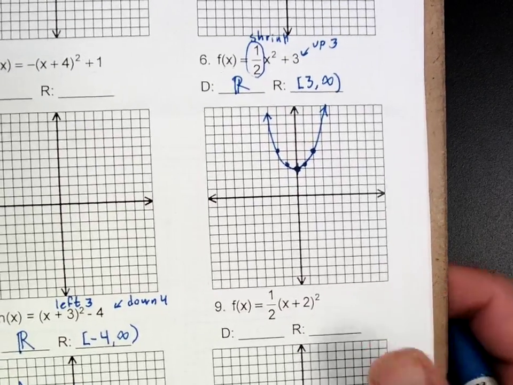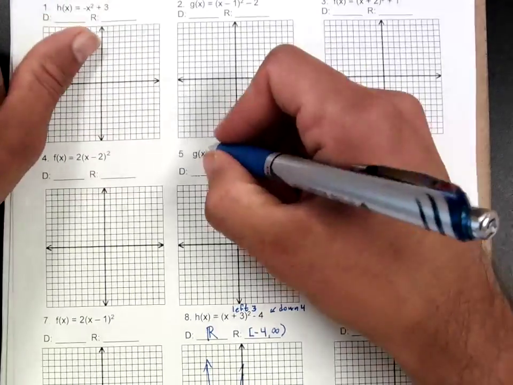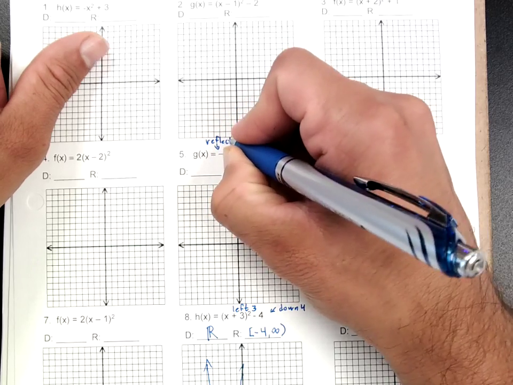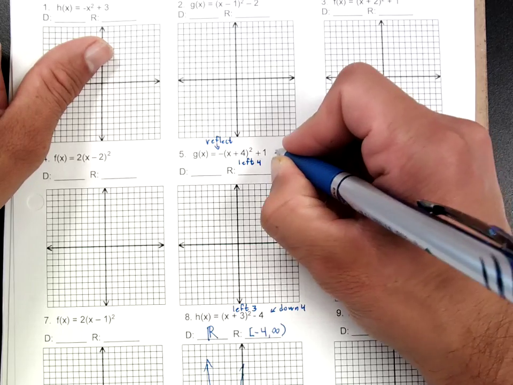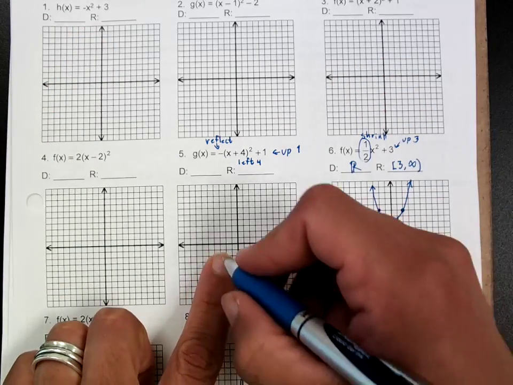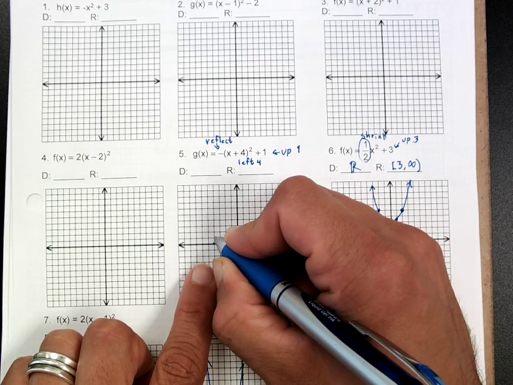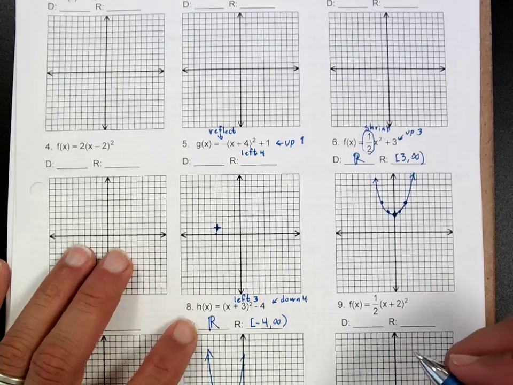On number 5, you're going to reflect. Left 4, down 1, or sorry, up 1. So I have left 4, 1, 2, 3, 4, and up 1. I'm going to put a little cross there. That's where my fake origin is located, right?